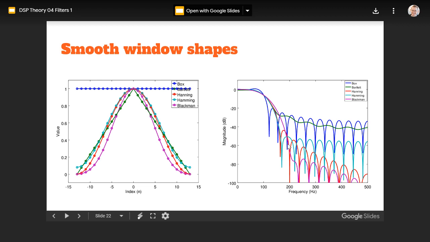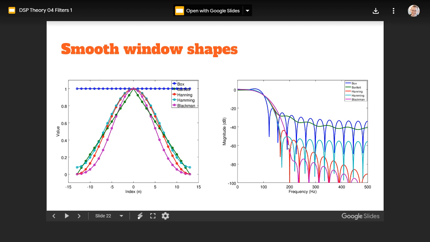Then there are 3 other windows mentioned here: Hanning, Hamming, Blackman, and then there are some others. And basically, with the Blackman, that's my favorite from these, you get this purple line here, and okay, minus 72 dB minimum attenuation on passband.